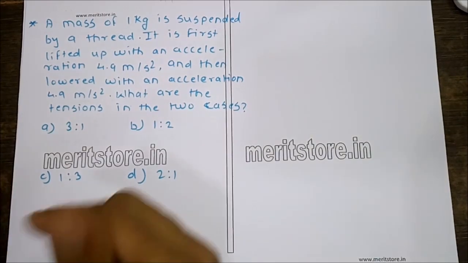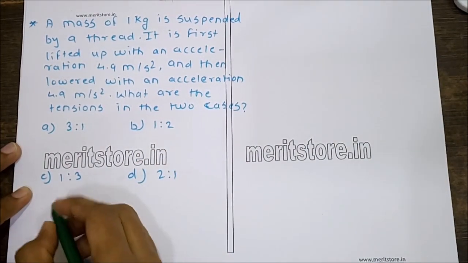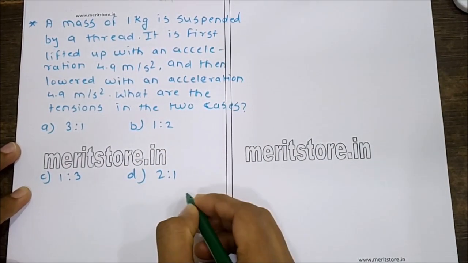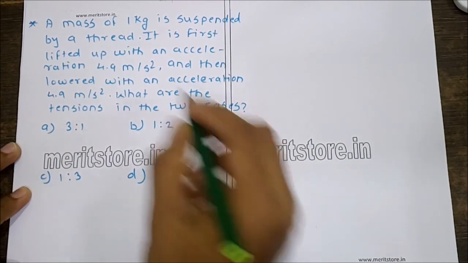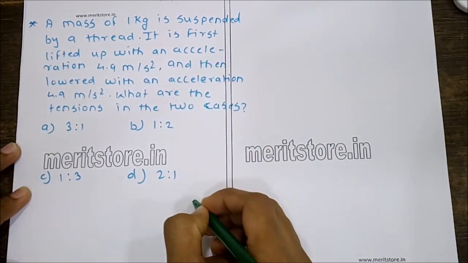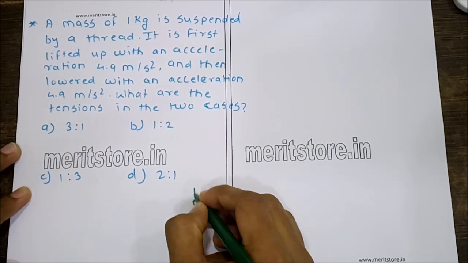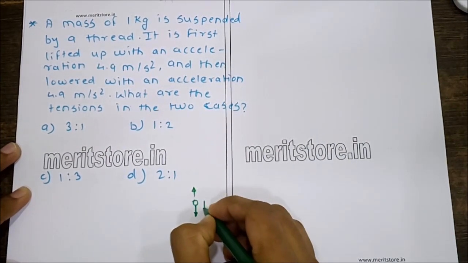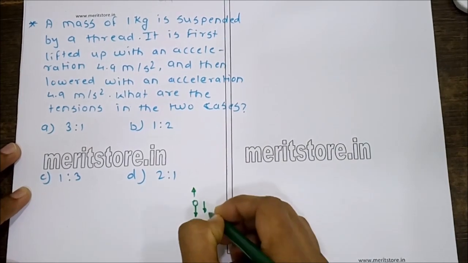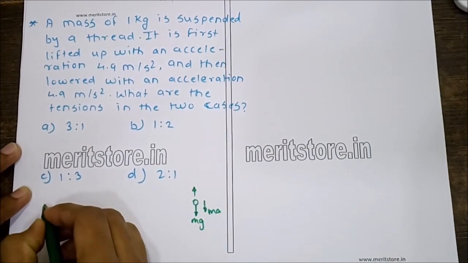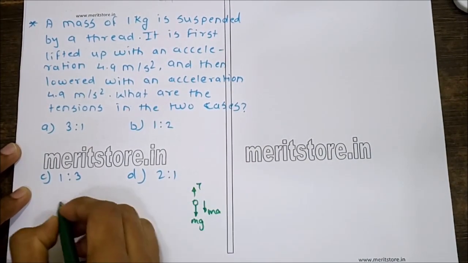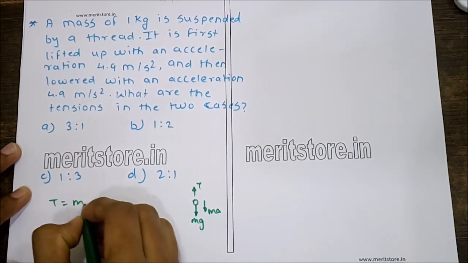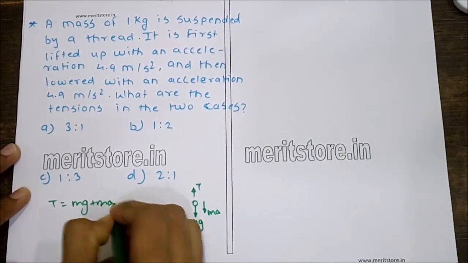In order to solve this, when the mass is being pulled in the upward direction, the forces acting on it are the self weight and the inertial force, that is mg and ma. So the tension in the string is balanced by mg plus ma.